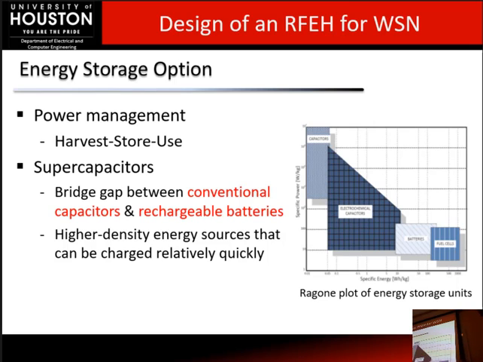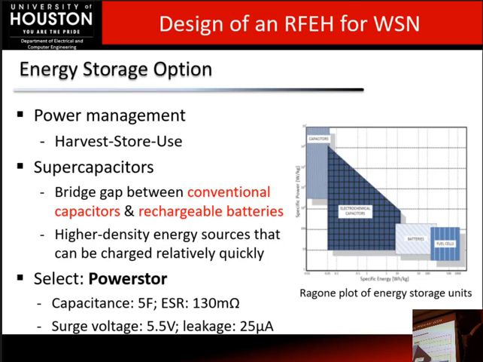It's in between, here, and it has to be chosen carefully because it needs to have a very low ESR, which stands for equivalent series resistance, and also a very low leakage current. So for these reasons, I carefully selected a 5 farad supercapacitor from a company called PowerStore, and these are the specifications of this supercapacitor.